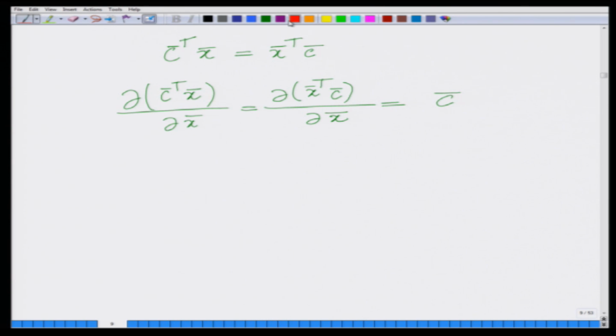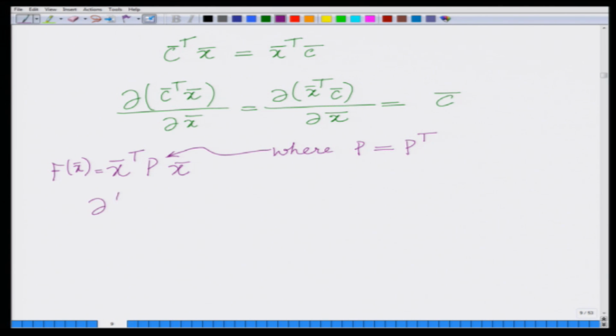Okay. Now, let us look at another interesting function. Let us look at what is known as a quadratic form, that is x bar transpose P x bar, where P equals P transpose, that is P is a symmetric matrix, that is this is also known as a quadratic form. This is our f of x bar.